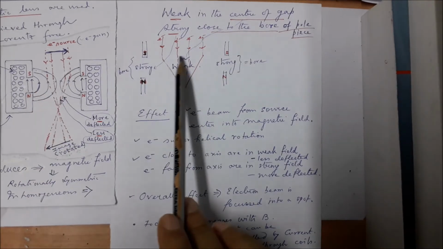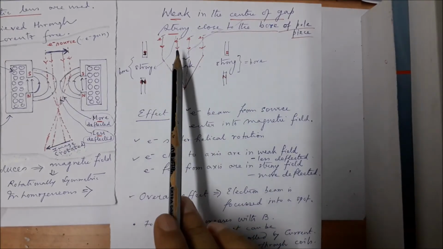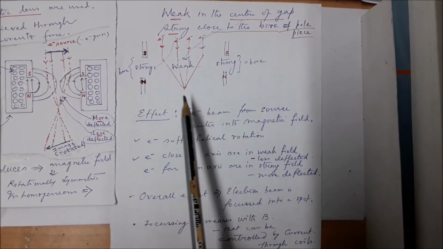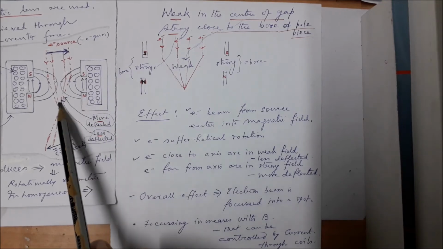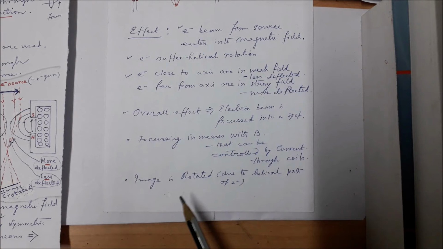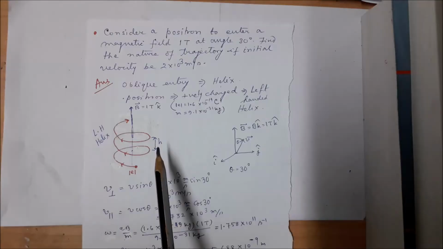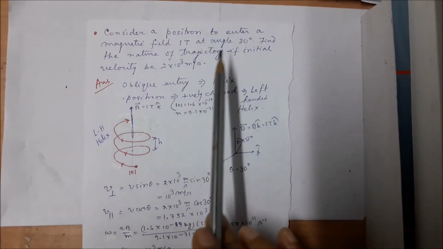So these are slightly deflected while these are deflected by a great amount. So the overall effect is focusing of electron beam to a spot. The image is rotated due to helical path, and we are not going to discuss details. We now come to the remaining set of problems.